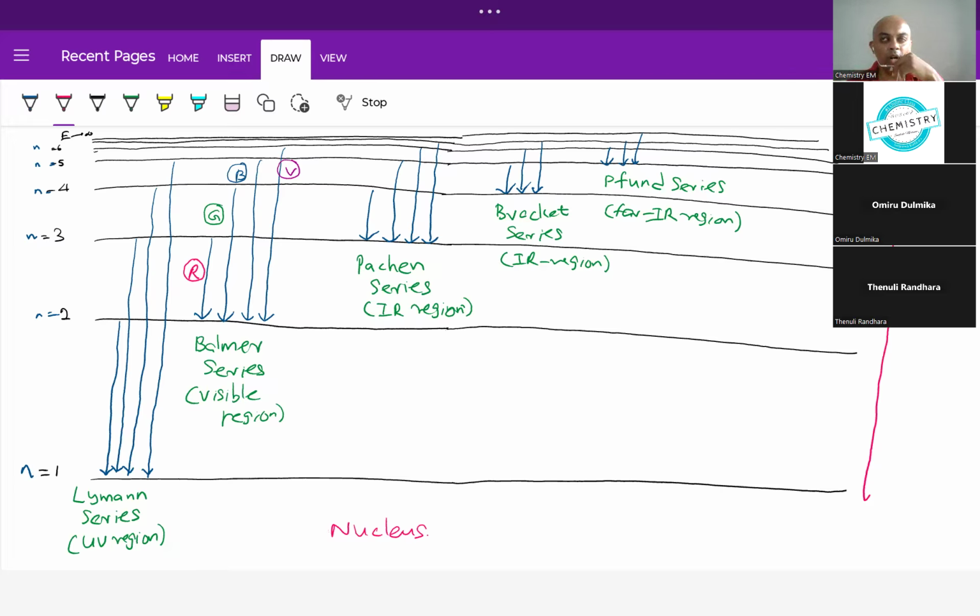When electrons are moving from higher energy levels to n equals 1, the Lyman series is formed.